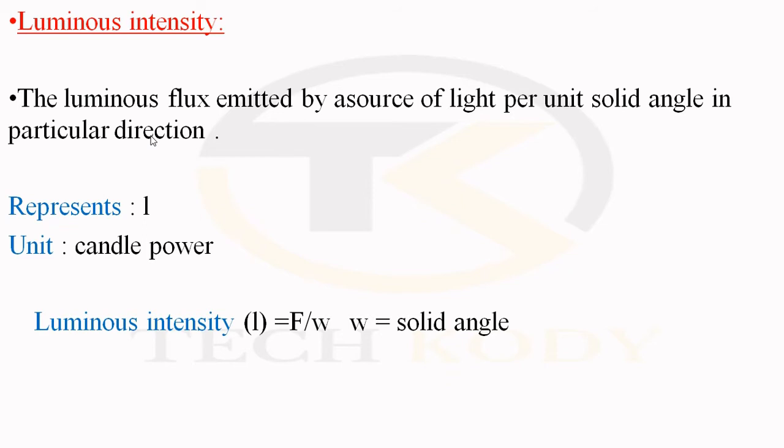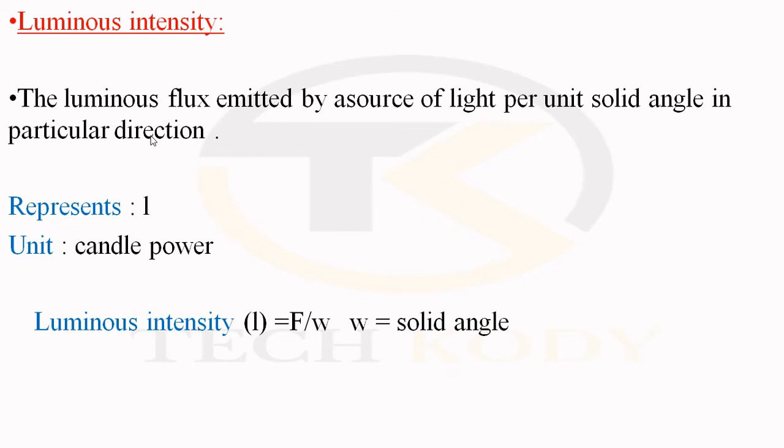Here you can expect questions like: what is the unit of luminous intensity? That is candle power, and the formula is I is equal to F by omega. You can get small problems on these. Find the luminous intensity: they can give the luminous flux and solid angle.